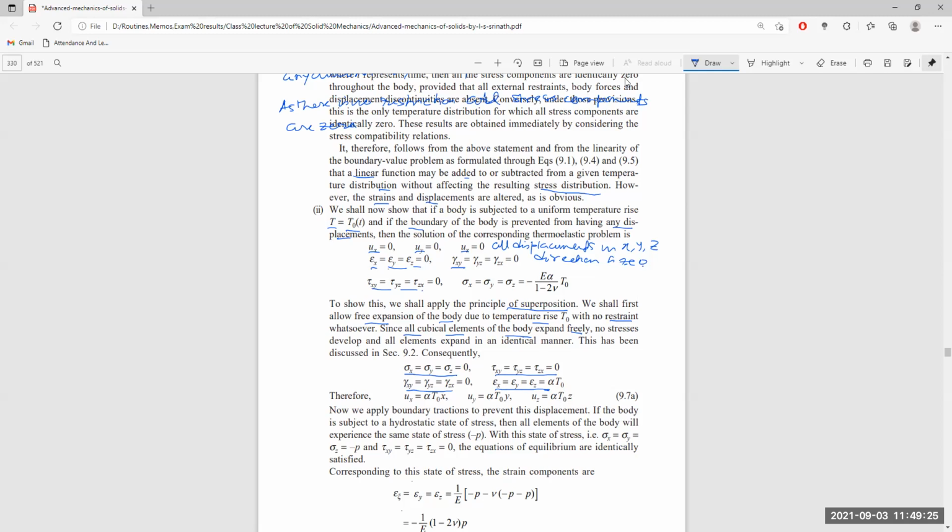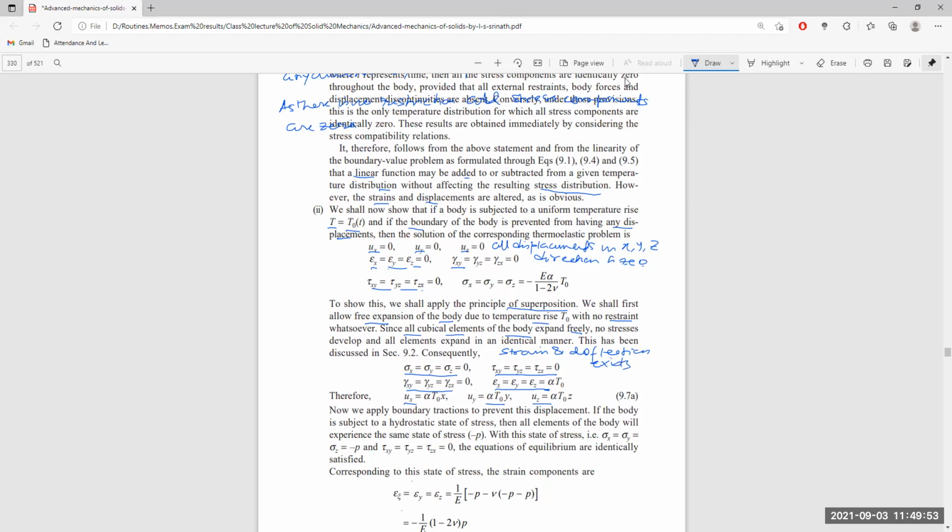And so what happens? There is a change in Ux, which is alpha T0 into x in x direction, alpha T0 y in y direction, and alpha T0 z in z direction. So strain and deflection exist.